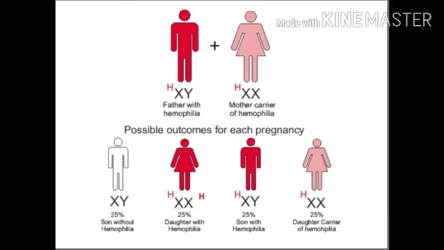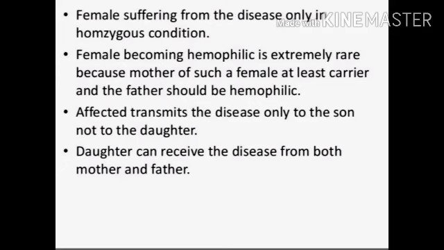A female has two X chromosomes, that's why a female can be a carrier, but a male has only one X chromosome, that's why a male is hemophilic. A female suffers from the disease only in the homozygous condition, and a female becoming hemophilic is extremely rare, because the mother of such a female must be at least a carrier and the father must be hemophilic, as it is an X-linked disease and the father has only one X chromosome.